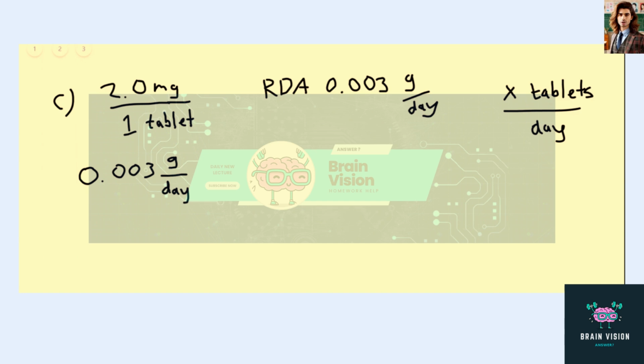One thing to recognize is we want the units of tablets to cancel out here. We have milligrams per day, a unit of mass per time unit, so these would be the ones we'd be multiplying. We have 2 milligrams for every tablet, times how many of these tablets we need in a day.